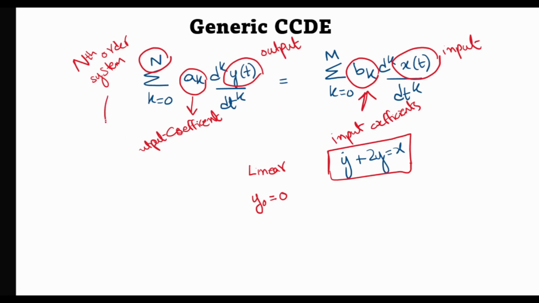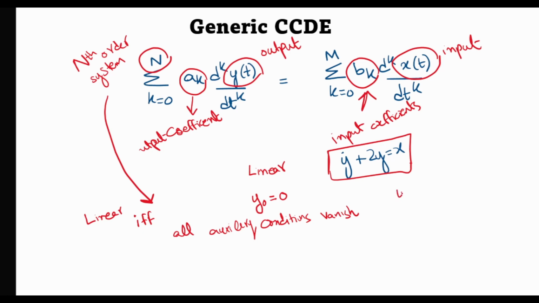So an nth order system will be linear if and only if all auxiliary conditions vanish.